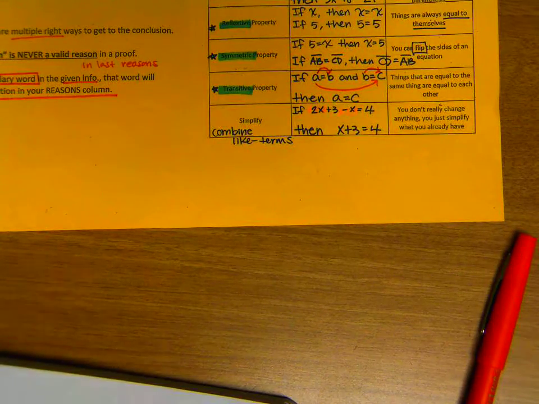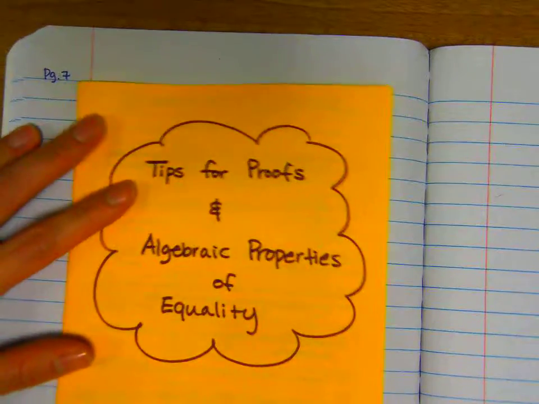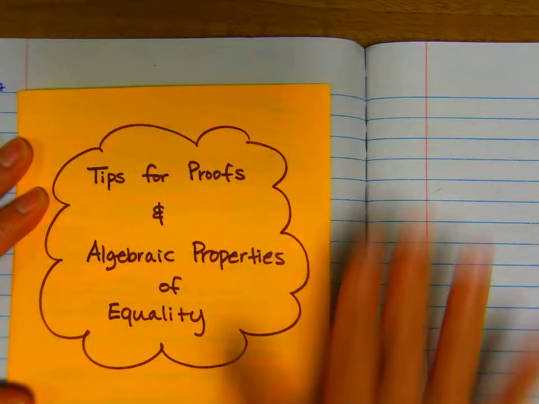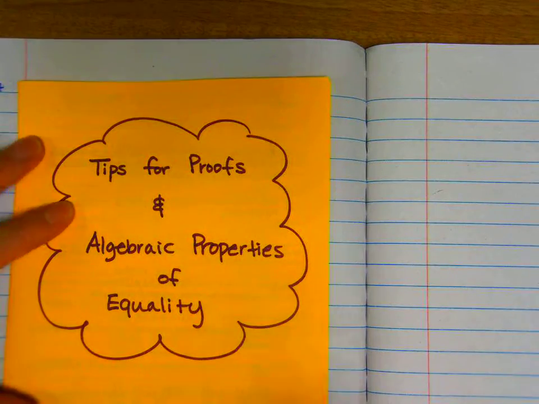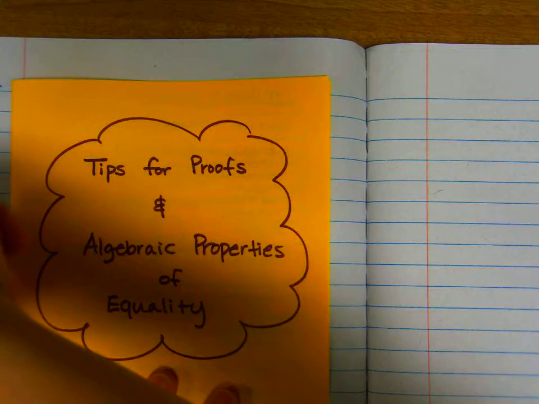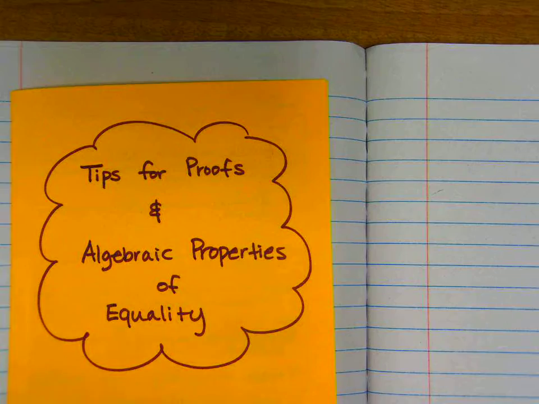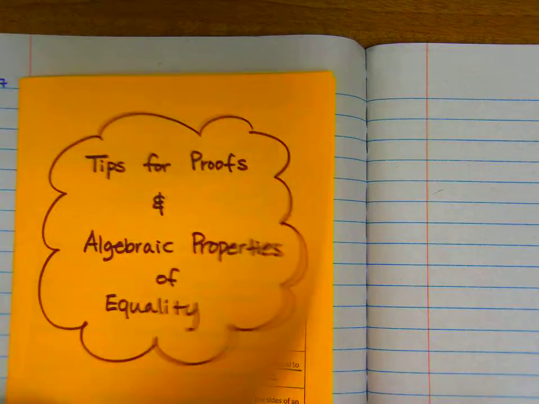So on page 7, open up your interactive notebook. I label 7 on the left, 7 on the right. On the left hand side, I want to paste these tips for the proofs properties, so I can show you a couple of examples on the right hand side. So I want to paste this with glue or tape if you want to use tape.